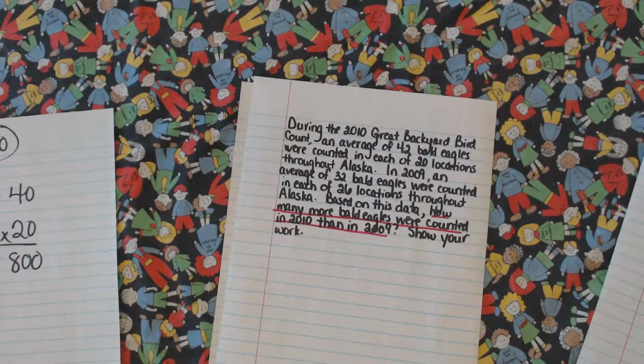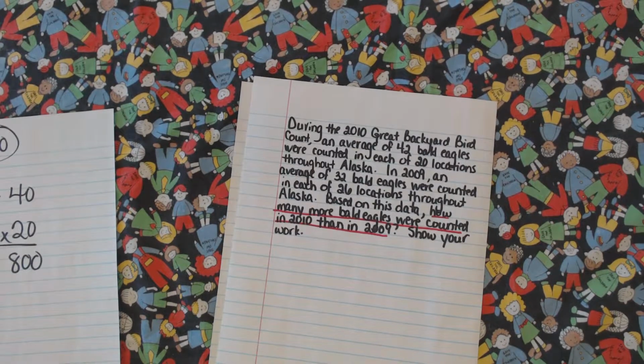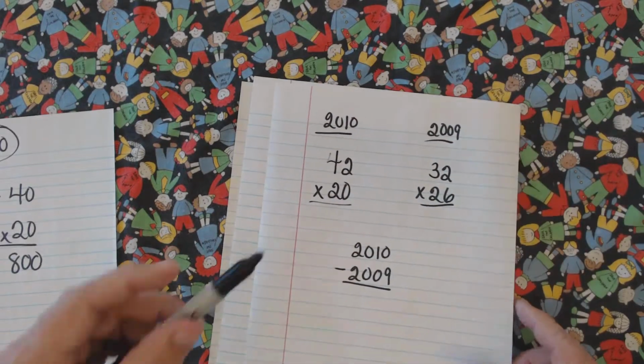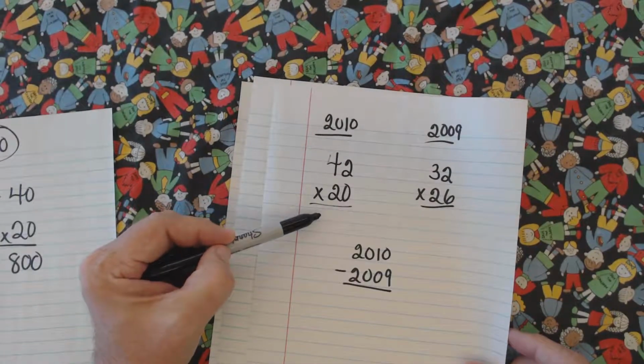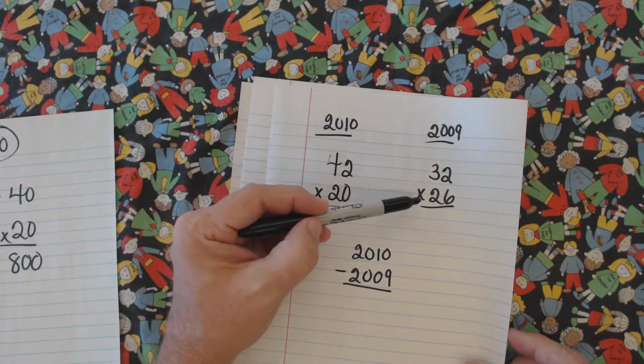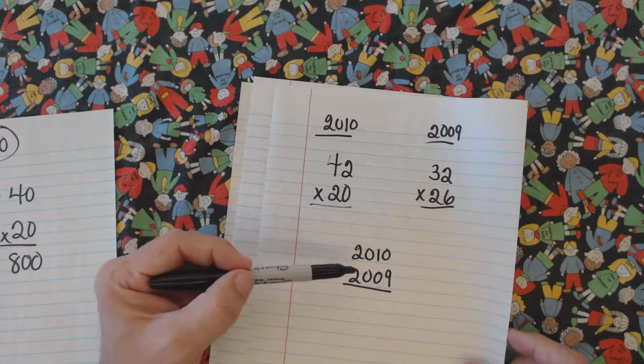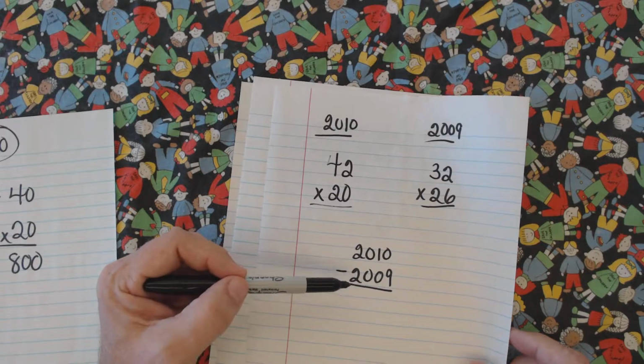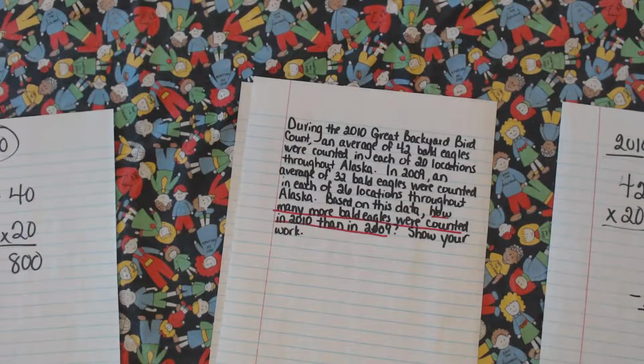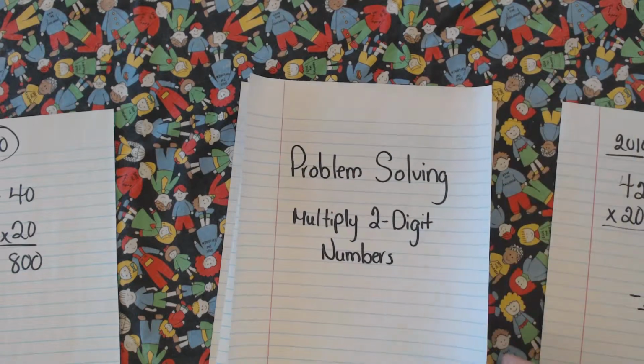We had 3 steps to complete in order to come across the answer to this. First, we had to calculate how many birds were counted in 2010. Then we had to calculate how many birds were counted in 2009. And then we subtracted the one from the other. That is how we come up with our answer. This is how we problem solve multiplying 2-digit numbers.